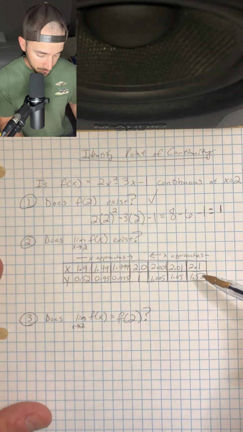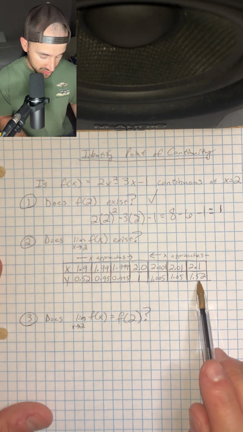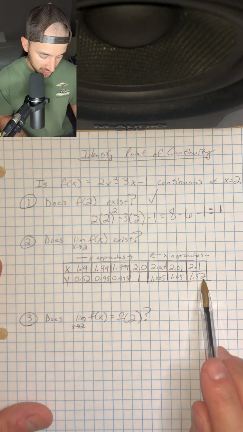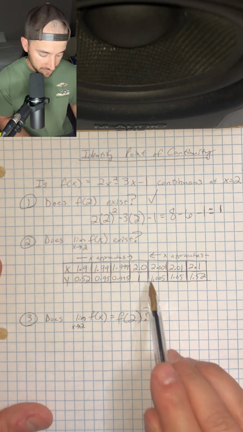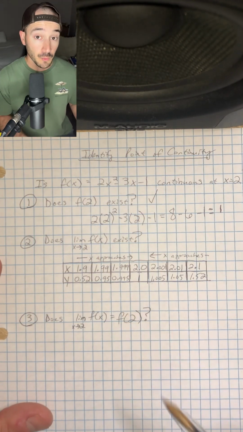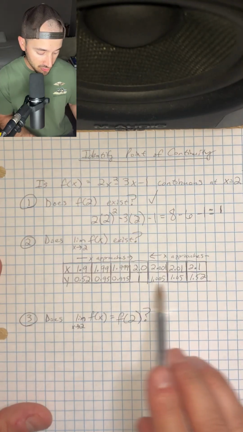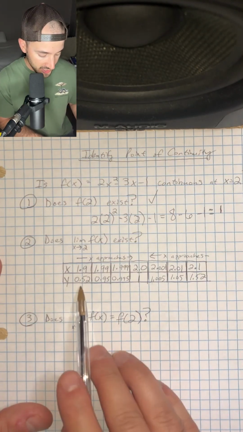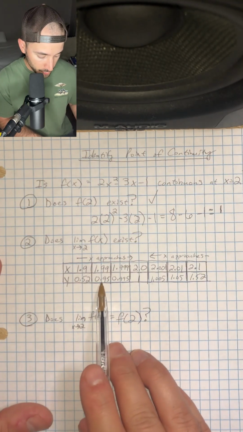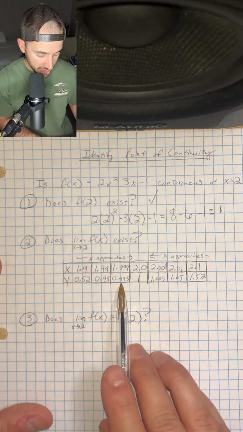So as we approach x = 2 from the right side, it appears that our y value is 1.52, then 1.05, then 1.005. So we're getting really close to 1, so that looks good. From the left side, we have 0.52, 0.95, 0.995.